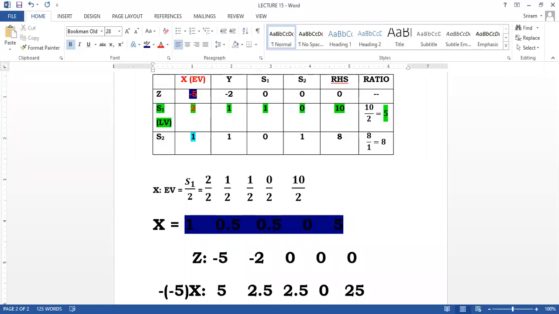I am going to multiply the X values, the entering variable values, with the opposite of the pivotal column element.